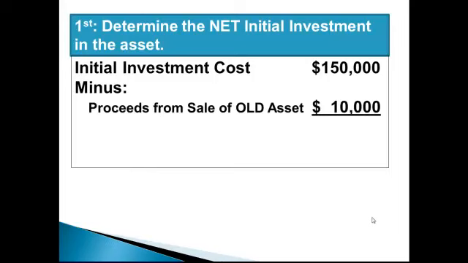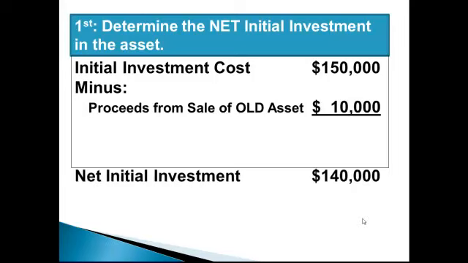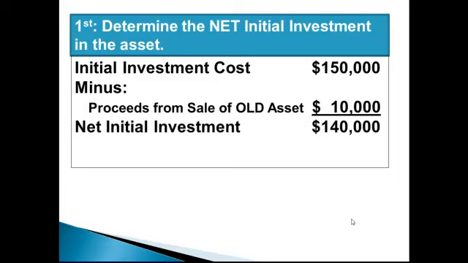So we're going to take the $10,000 we get from selling the old vending machines and reduce the cost of the new asset. This is sort of like if you were to sell your car today, you would use the money you get. If you sell it for $5,000, you'd put it toward your $25,000 new car. So our net investment is actually $140,000 rather than $150,000.